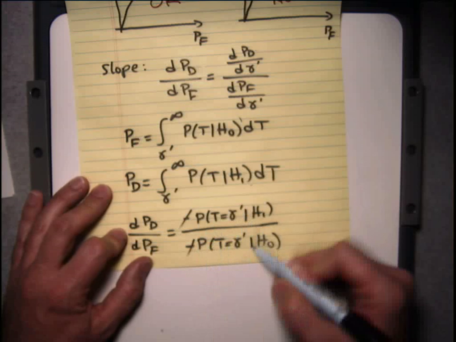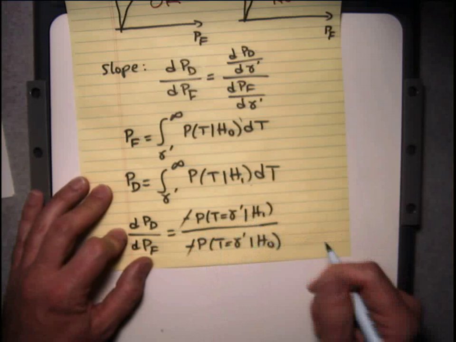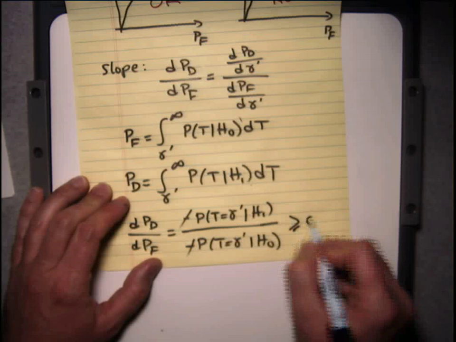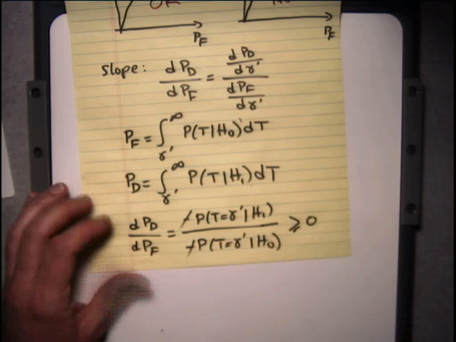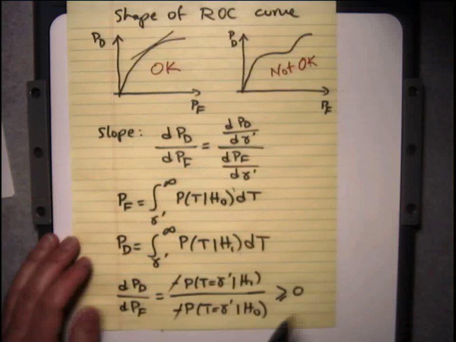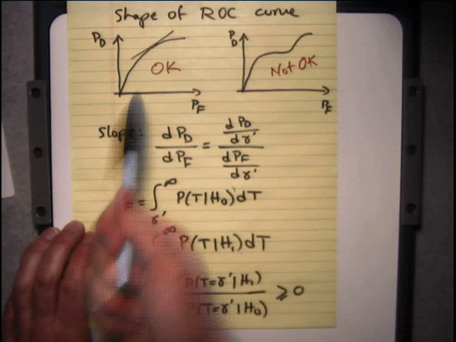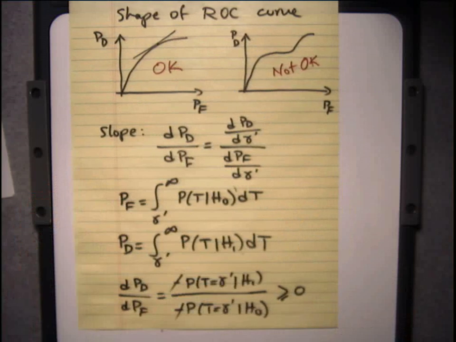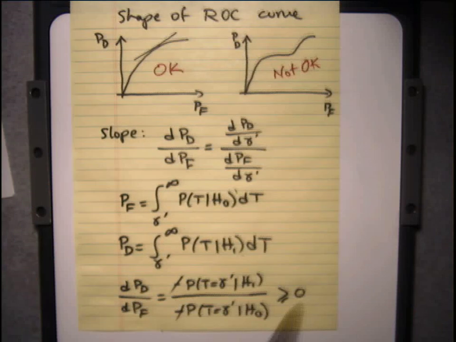These two things are just PDFs. They're both positive. So this ratio always has to be positive. So what have I just shown you? I've proved to you that as long as you have something that comes from a likelihood ratio test, the slope of the ROC curve always has to be positive.